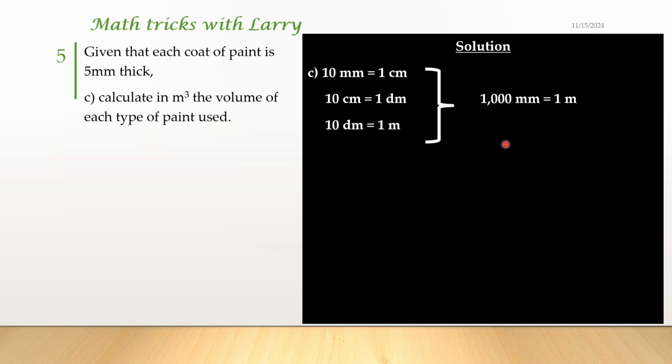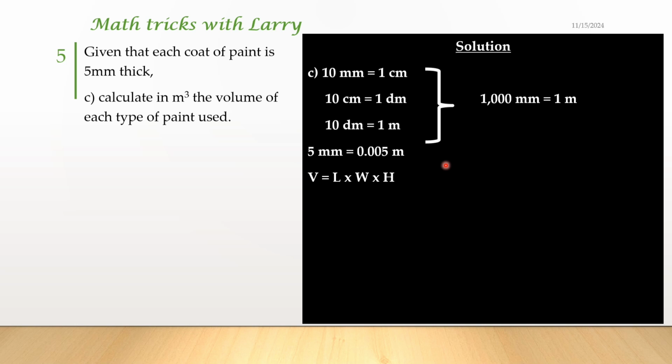Does that make sense? Such that 5 millimeters will be equal to 1 meter divided by 1000 millimeters times 5 millimeters, such that 5 millimeters will be equal to 0.005 meters.